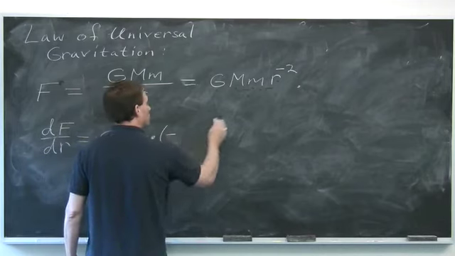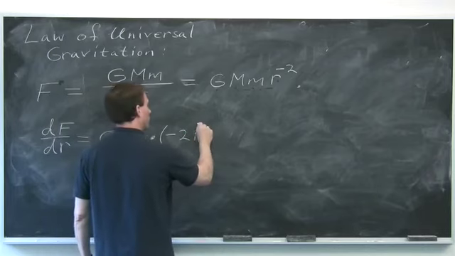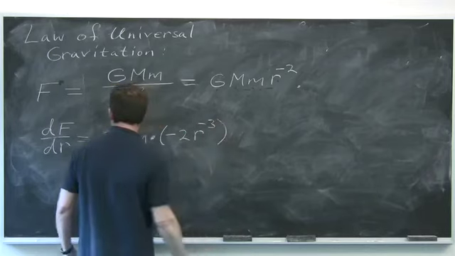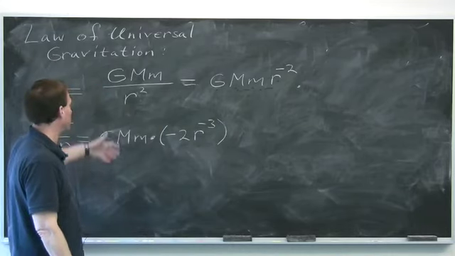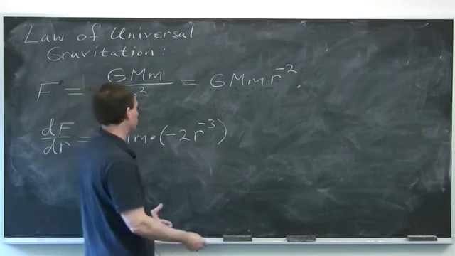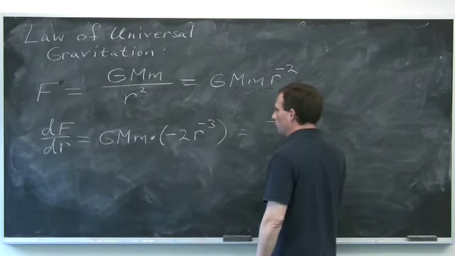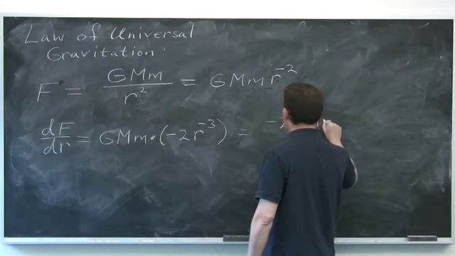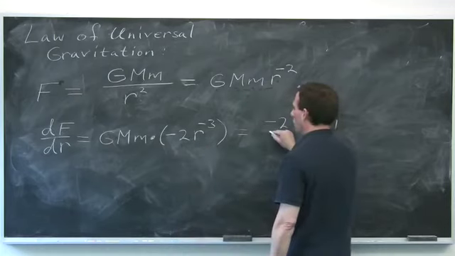We just use the power rule. The exponent comes down as multiplication. You subtract 1 from the exponent, you get minus 3. We could write this a little more neatly, write it as a fraction, since we start with F that way, but what we get is minus 2 G M m, minus 2 G M m over r cubed.